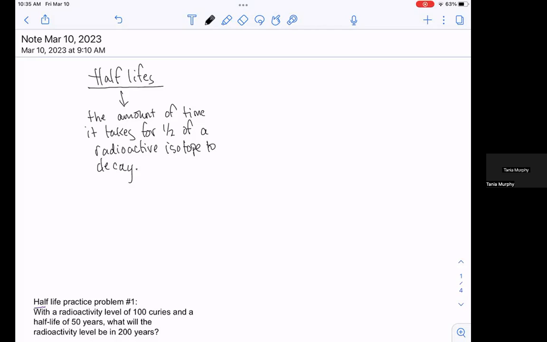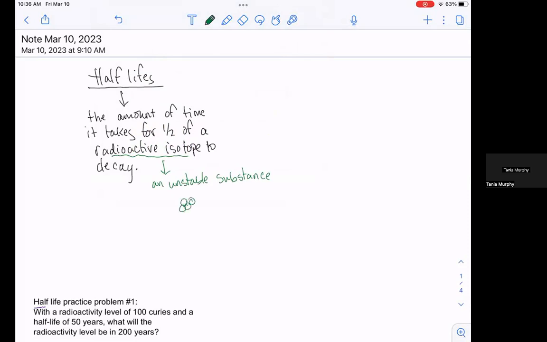So what is a radioactive isotope? A radioactive isotope is an unstable substance. What is the substance? It's an isotope. It's some type of element which has a nucleus with too much stuff in it.